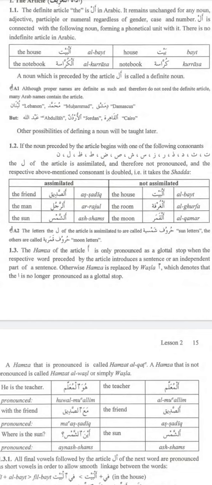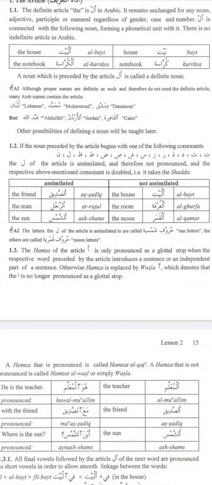So any letters that follow are the ones that are written in article 1.2 of this particular page. So you have the likes of as-siddiq, ar-rajul, ash-shams, and the rest. Those that fall here, according to the translation of the authors, are called assimilated in English.